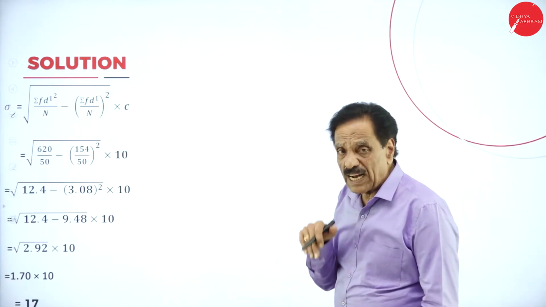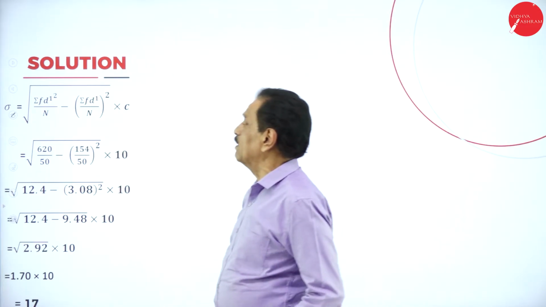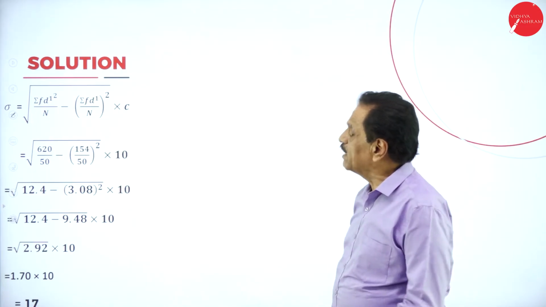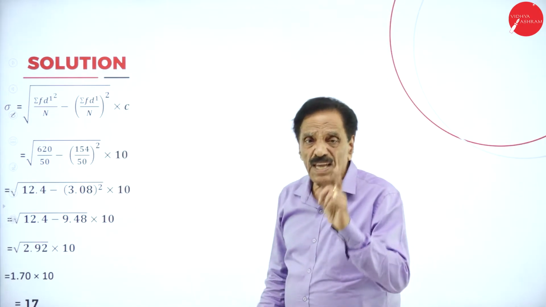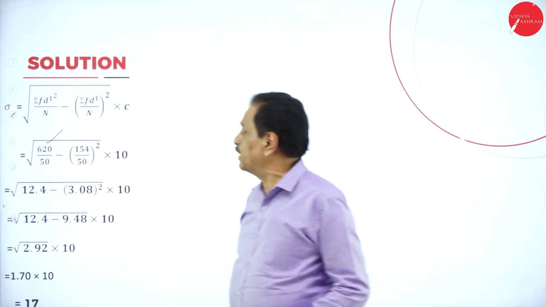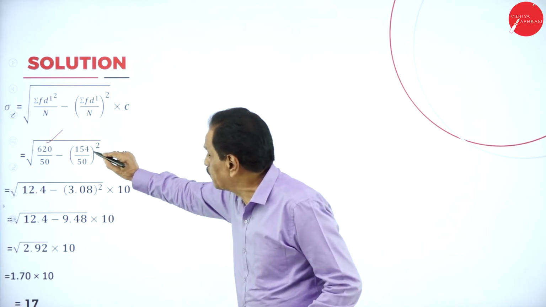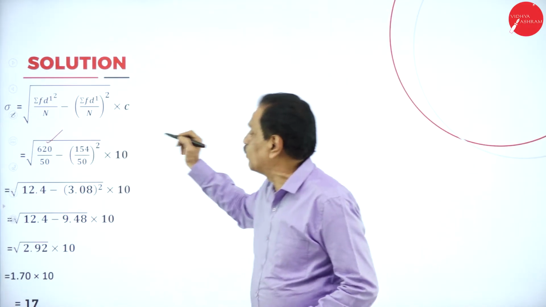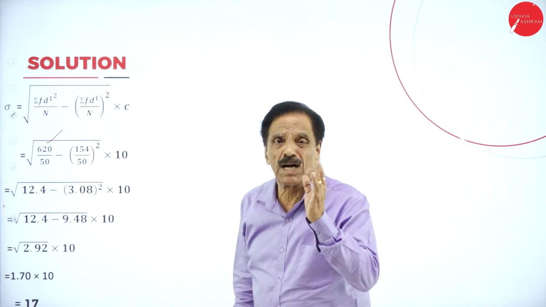Then we require standard deviation is equal to root of sigma ft dash square divided by n minus sigma ft dash divided by n whole square into c. C outside the root. What is sigma ft dash square? 620 divided by number of frequency 50 minus sigma ft dash 154 divided by 50 whole square into 10. If we divide this, it will come 12.4.